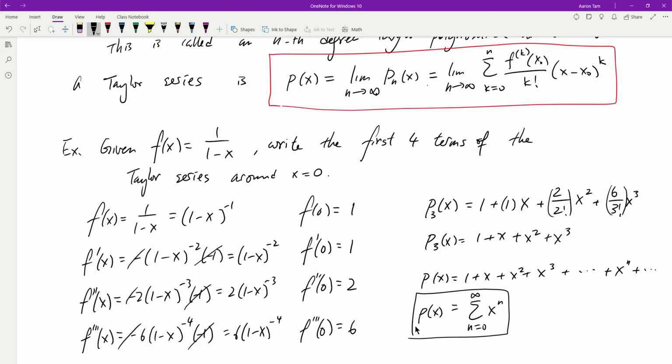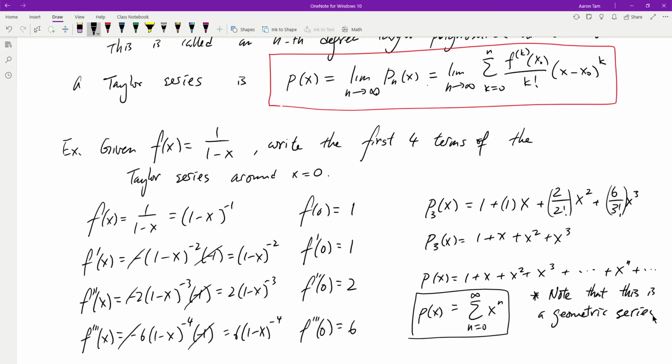An interesting thing to note is that what we have here for the power series is actually a geometric series.